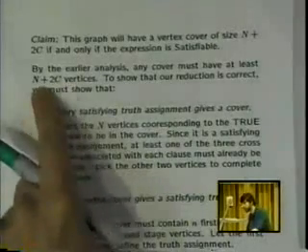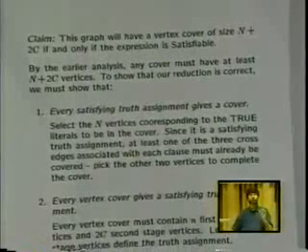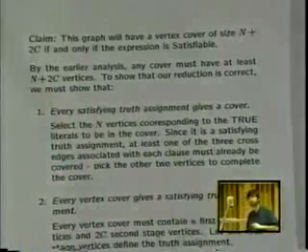It's clear that you could never do any better than n plus 2c. My claim is that in order to do n plus 2c, you have to have that original thing be satisfiable.